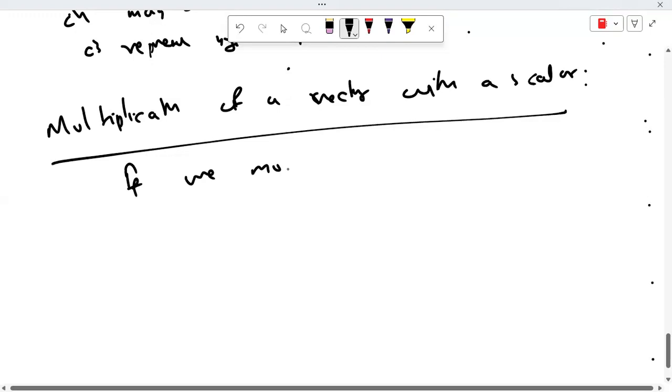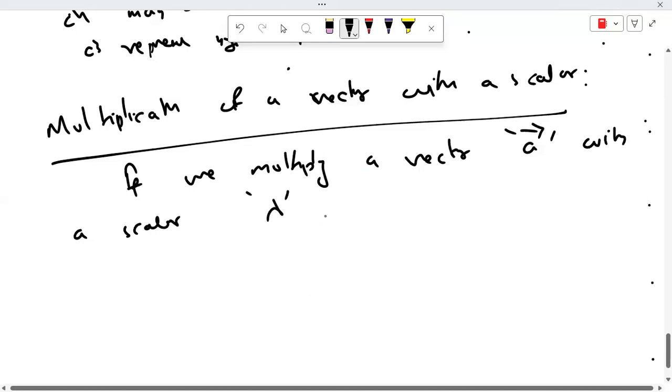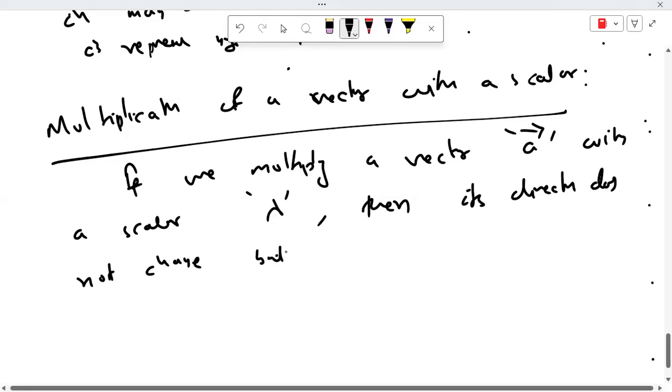If we multiply a vector A with the scalar lambda, then its direction does not change, but magnitude becomes lambda times A. Very simple.